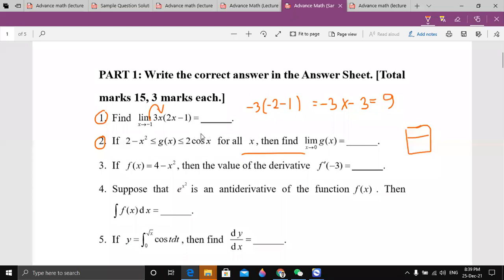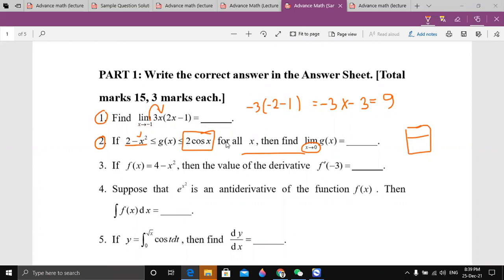You see here, the limit is x tends to 0, right? That means we have to plug in the value x equal to 0 here. So 2 minus 0 squared, it will be 2.